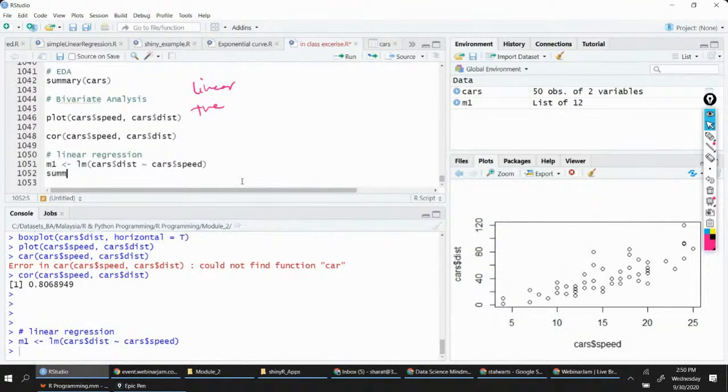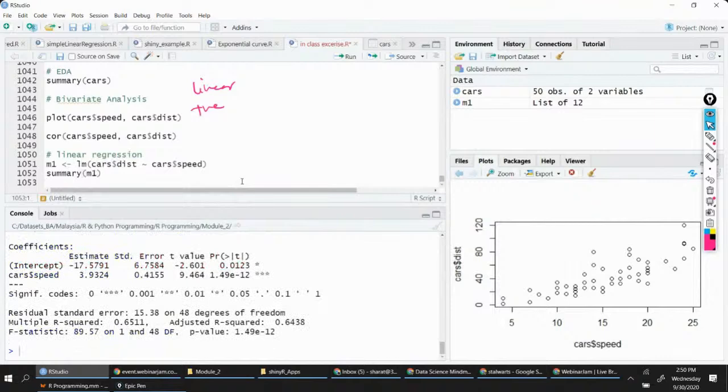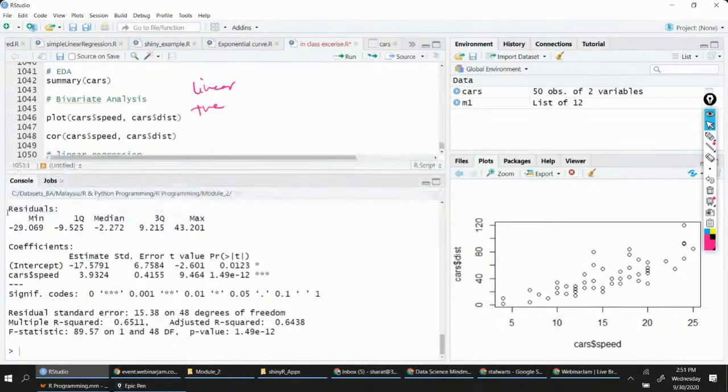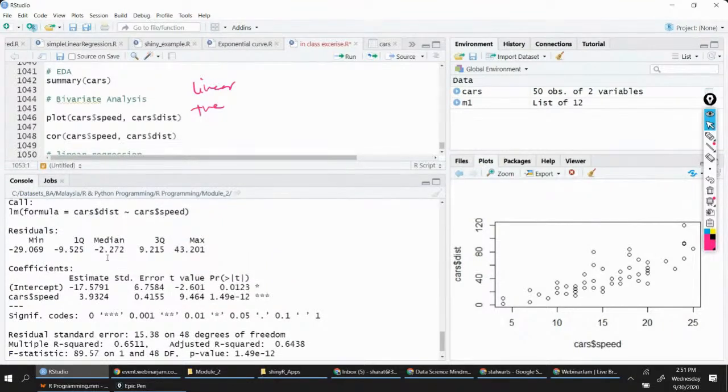Then we do summary of M1. When you do summary of M1, it gives us these calculations. Of course, we look at residuals. But remember, it is giving us a summary of the residuals. So it calculates minimum, maximum, first quartile, third quartile, and median.